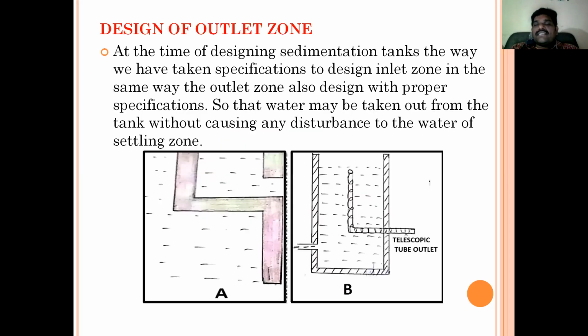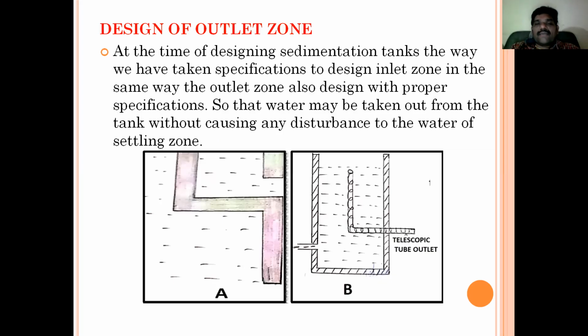And the next one is the design of the outlet zone. At the time of designing sedimentation tanks, the way we took specifications to design the inlet zone, in the same way we must concentrate on the outlet zone also. There are different models.